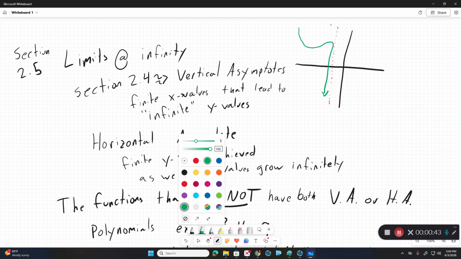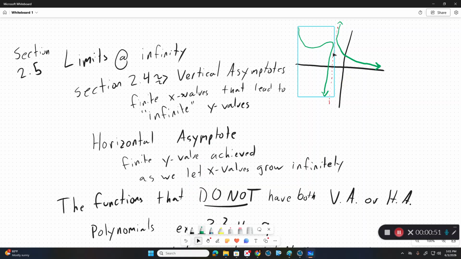And then later on, maybe it comes back. We call this dashed line a vertical asymptote, in that it's a vertical line that the graph seems to asymptotically follow.